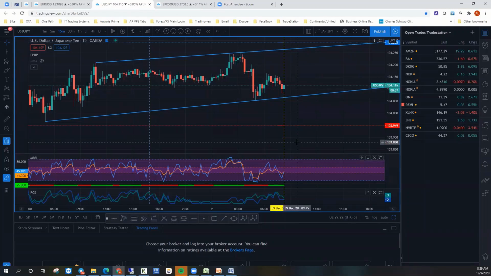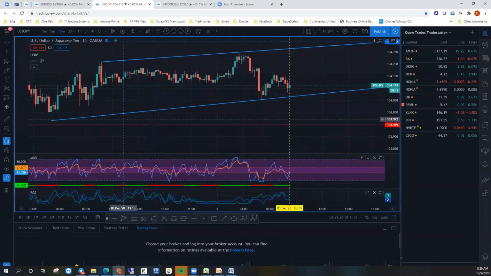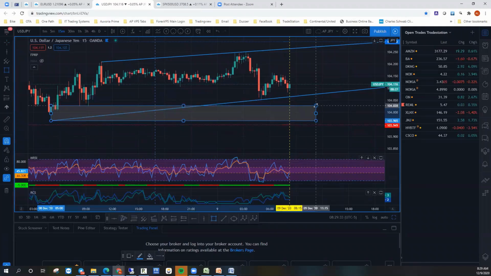Let's see. Here's a pivot low, so let's go and draw that out. It would have to get through this area to go even lower. We're getting a bounce. It came up, came back. Right now there are some buyers right in this area.